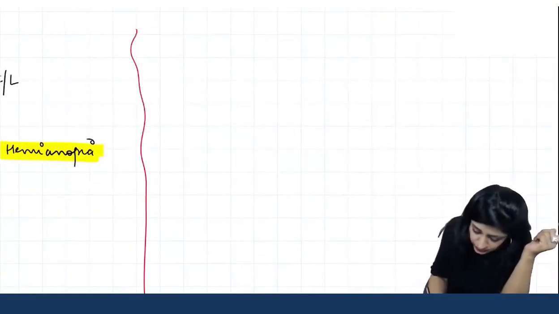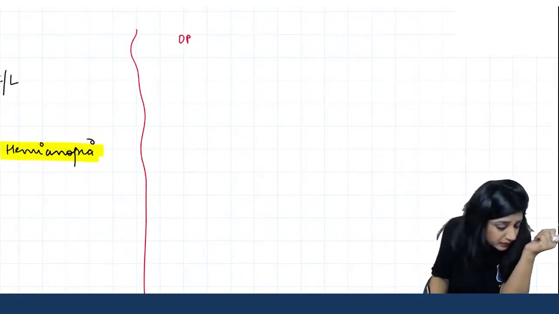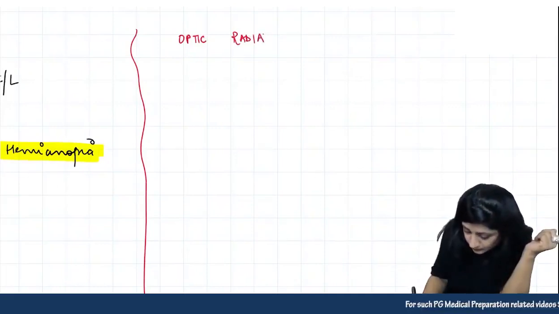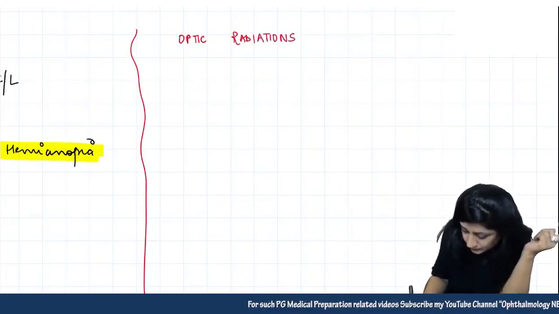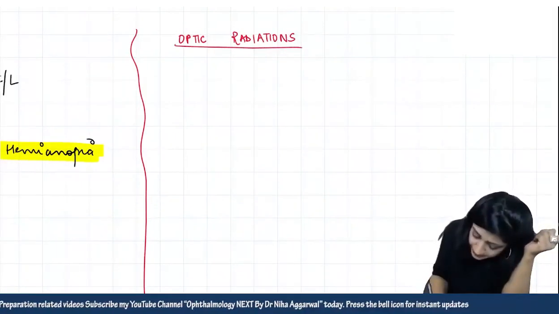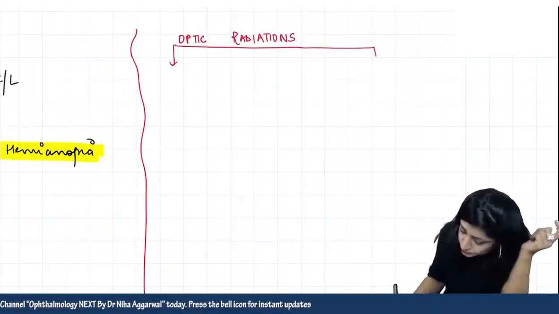If I talk about the optic radiations, then what is happening? They are passing through two lobes.